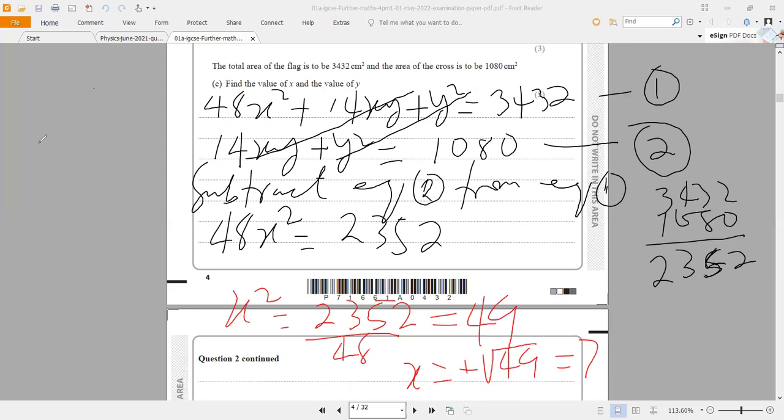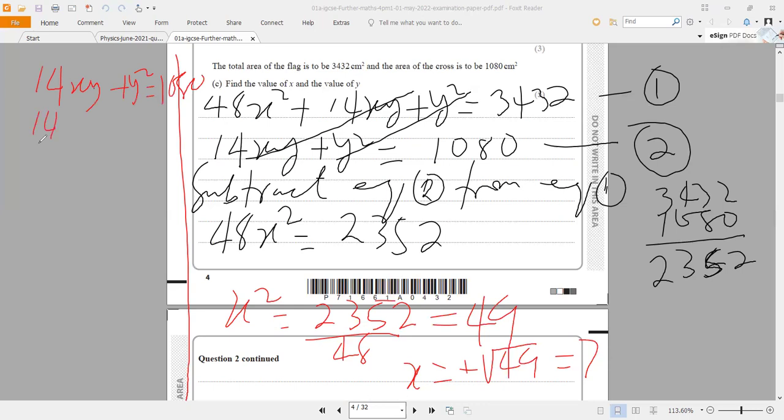So now that we found the value of x, we can substitute this value of x in equation 2. So we have equation 2 is 14xy plus y squared equals 1080.